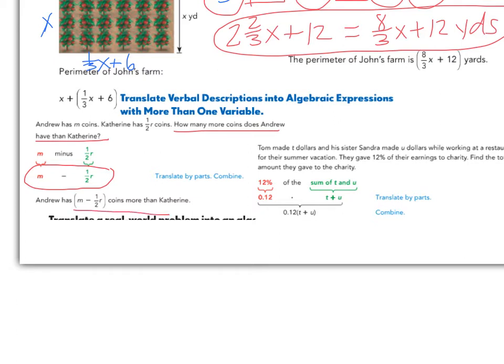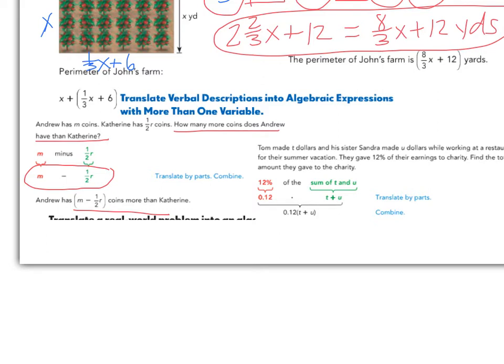All right, now we go down to Tom. Tom made T dollars and his sister Sandra made U dollars while working at a restaurant for their summer vacation. They gave 12% of their earnings to charity. Find the total amount they gave to charity. We want to combine them first. So if Tom is T and Sandra is U, you're going to add T plus U. Now you want 12% of that.